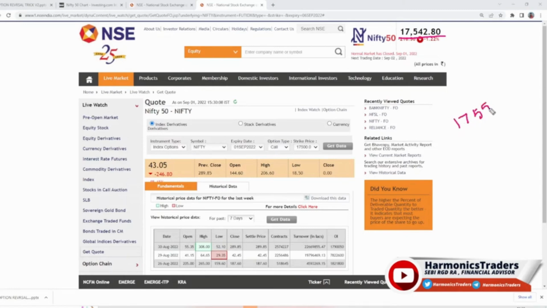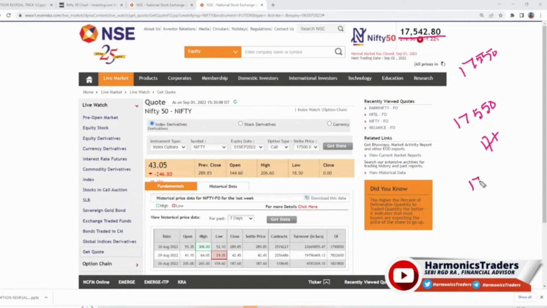Since this is at the same price as Nifty, it is called at the money. If you are taking a CE or PE at this strike, it is called at the money. For example, 17,550 CE is an at the money CE. Likewise, 17,550 PE is also an at the money PE.